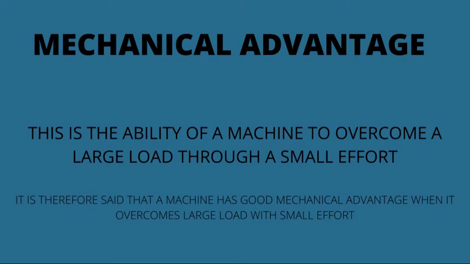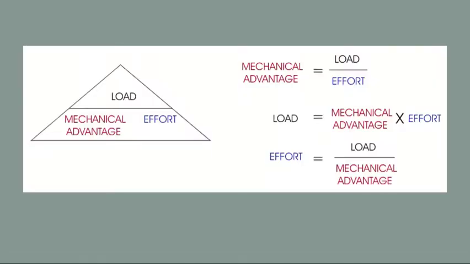And then we have mechanical advantage. Mechanical advantage is the ability of a machine to overcome a large load through a small effort. That means that if a machine has the ability of overcoming a very big load or a large resisting force with very little effort, it has a very good or high mechanical advantage.